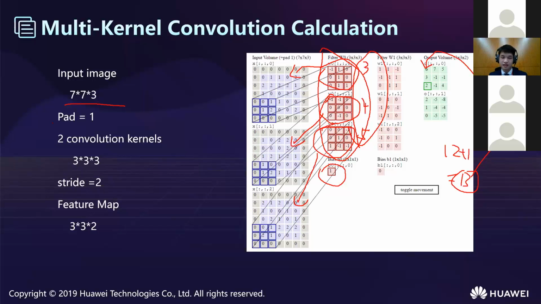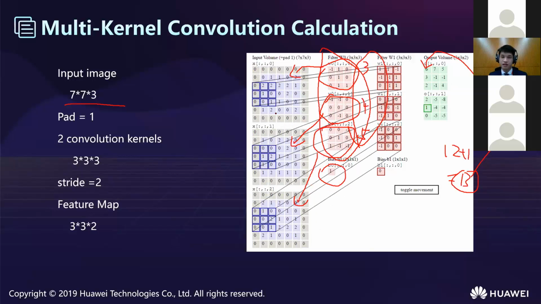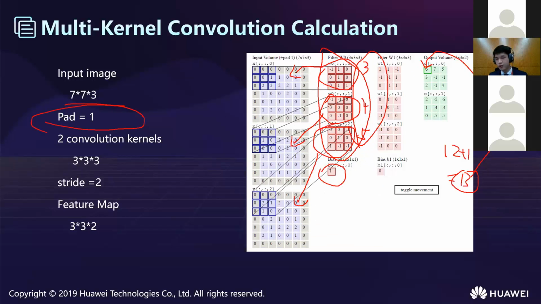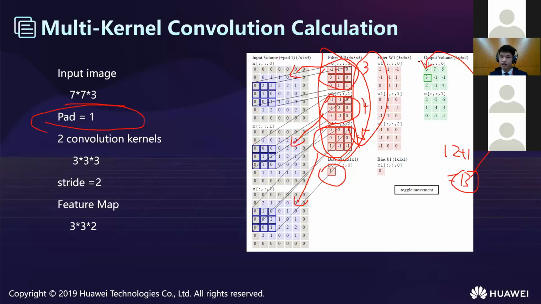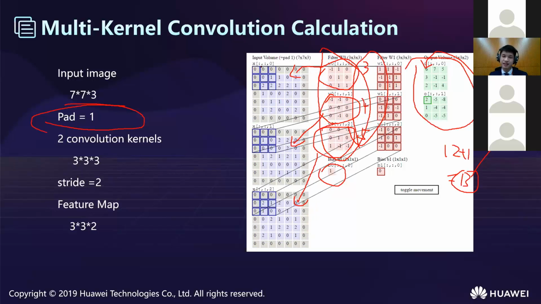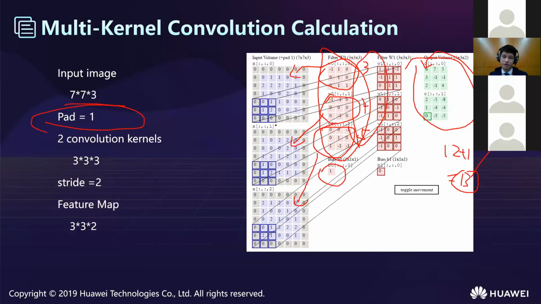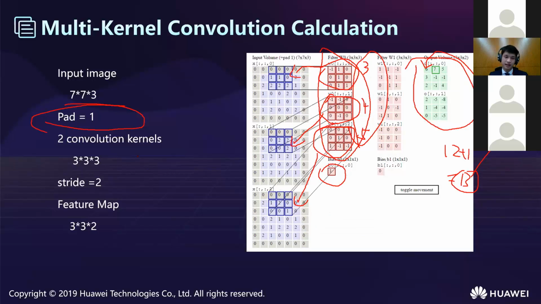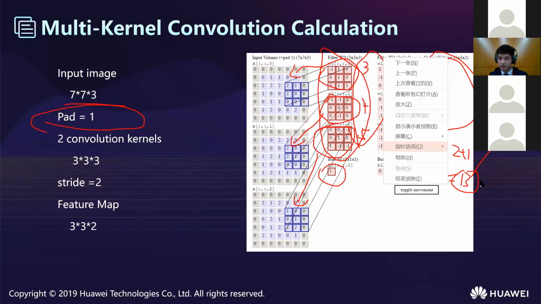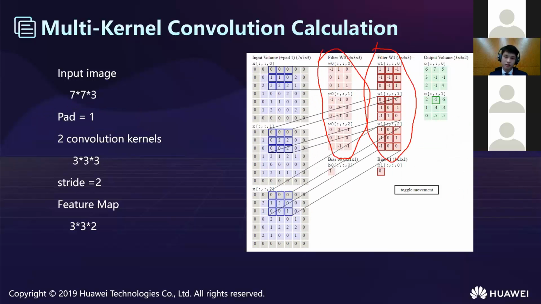And then there's another problem: there are a lot of 0s outside of the image, which is called padding. If we hope to control the size of the output, we can use padding, just like adding one circle of 0s outside of the image. And then we can also use a lot of kernels. Attention here: there's one kernel and there's another kernel.